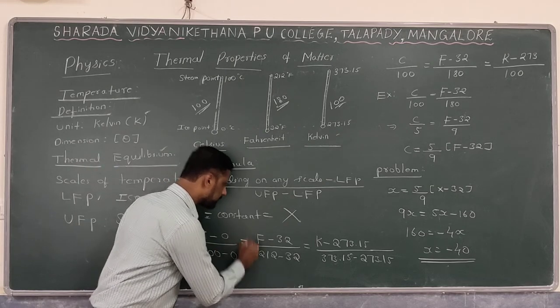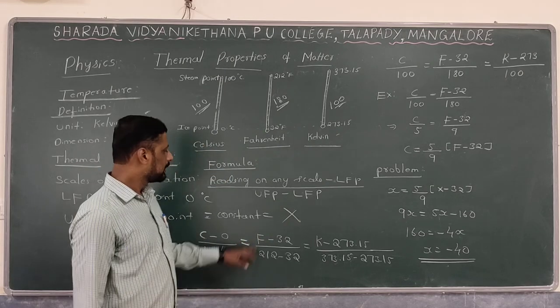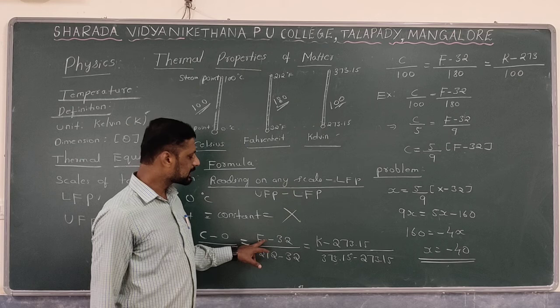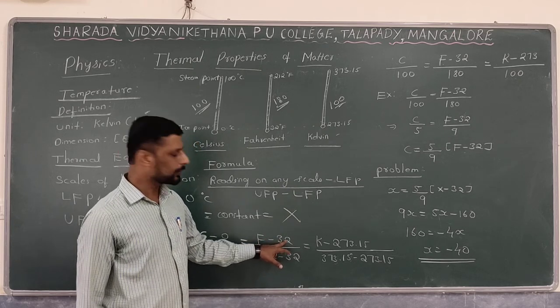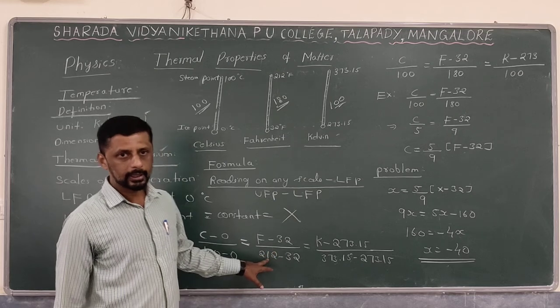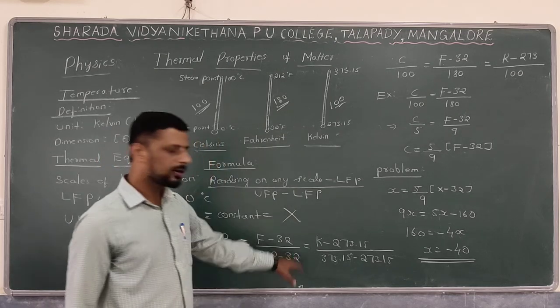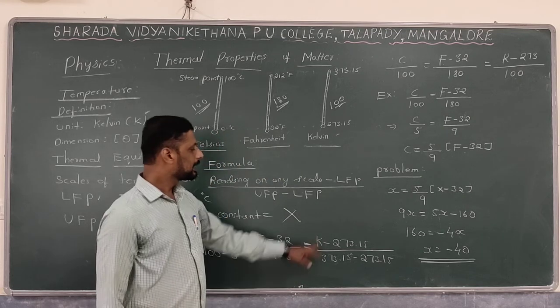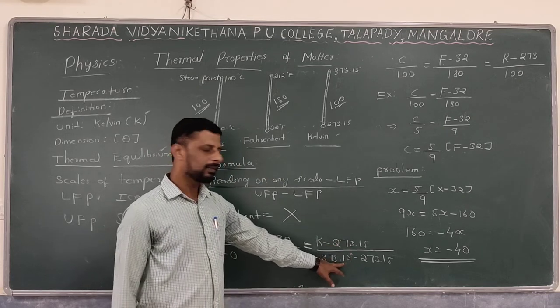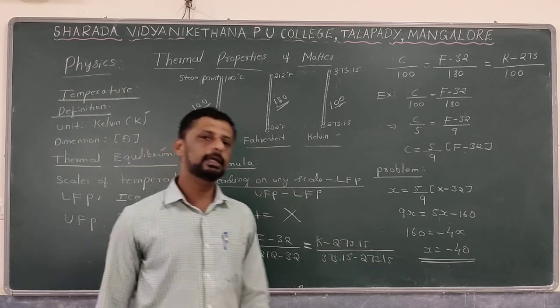That is equal to, for the Fahrenheit scale: F minus the lower fixed point 32, divided by the upper fixed point 212 minus the lower fixed point 32. That is equal to, for the Kelvin scale: K minus 273.15 divided by 373.15 minus 273.15.